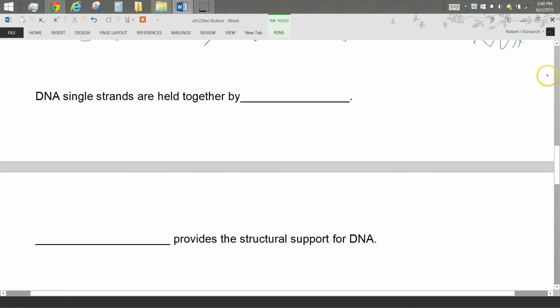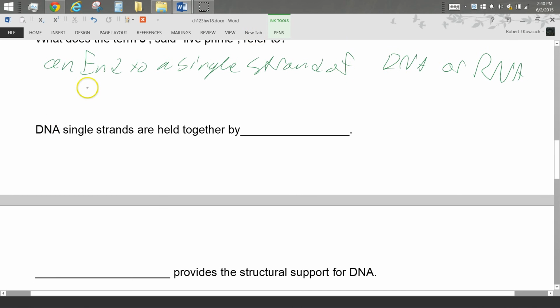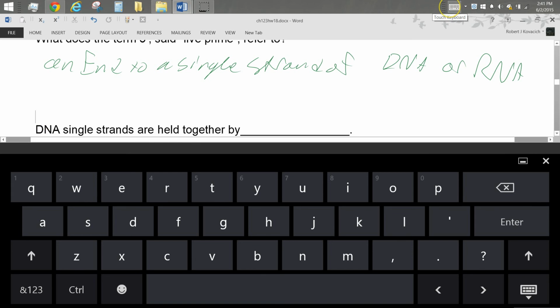And how are these guys held together? Sugar phosphate backbone? Yep.